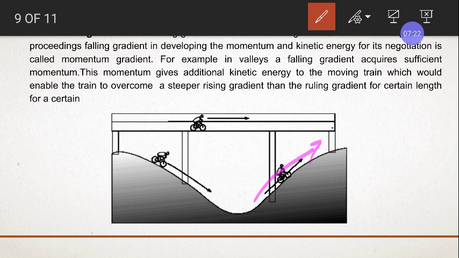We are going to make the cycle freely fall downwards. When he is falling downwards, he will acquire speed and force, and that force will help him to overcome, or jump over, the upward gradient.